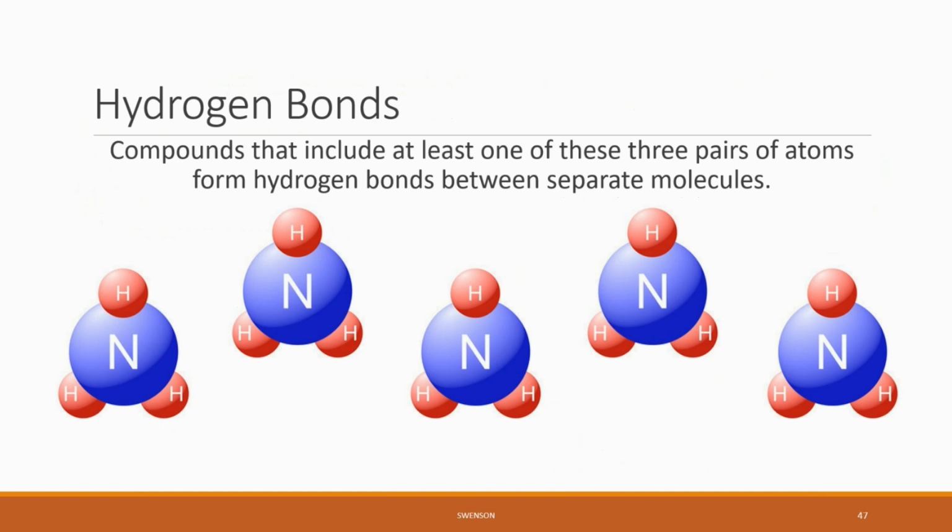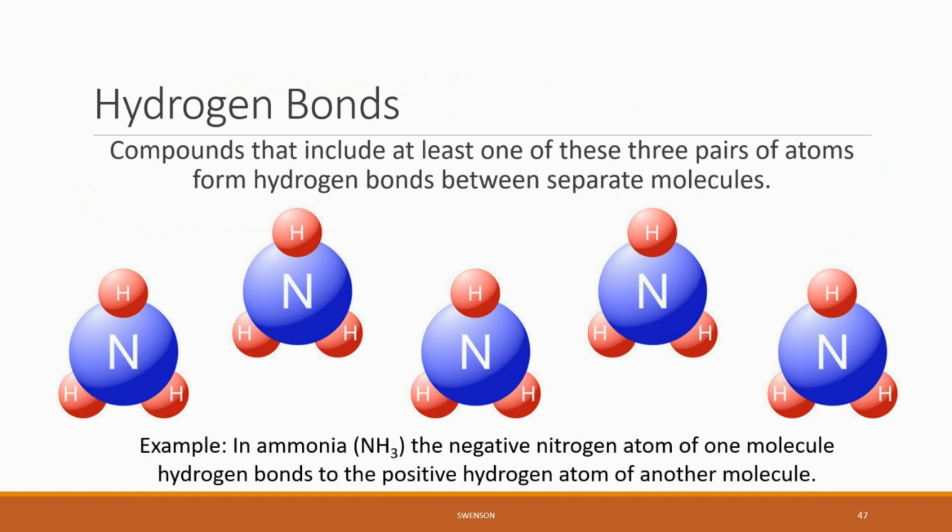Compounds that include at least one of these three pairs of atoms form hydrogen bonds between separate molecules. In this example, we have ammonia, which is NH3, and the negative nitrogen atom of one molecule hydrogen bonds to the positive hydrogen atom of another molecule.